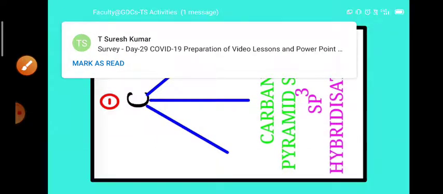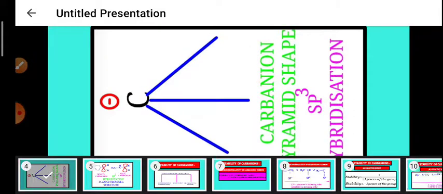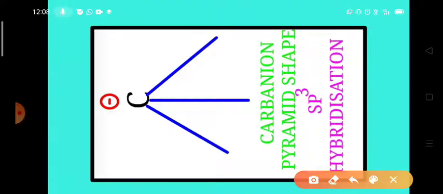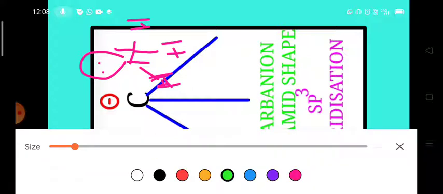This is very much similar to ammonia. In ammonia also, nitrogen has 3 bonds with the 3 hydrogen atoms and 1 lone pair. Okay?